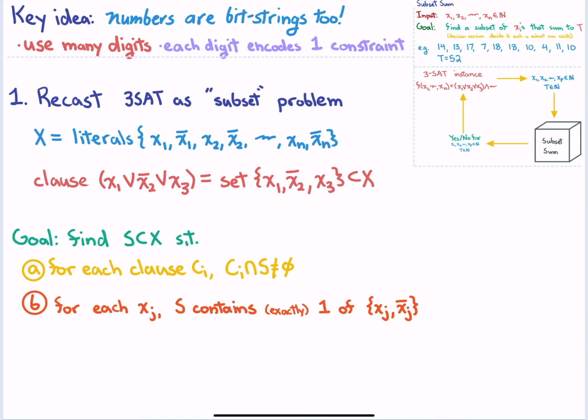A clause Ci from the original formula is maybe like x1 or x2 bar.